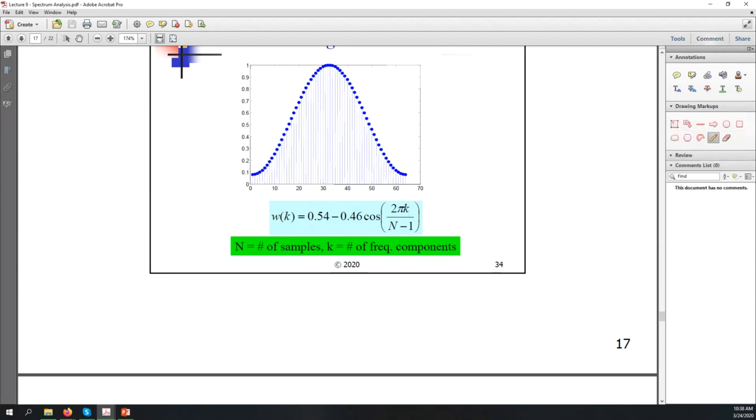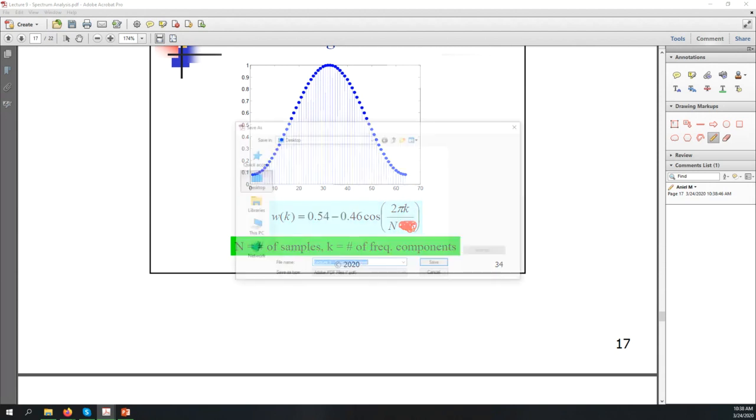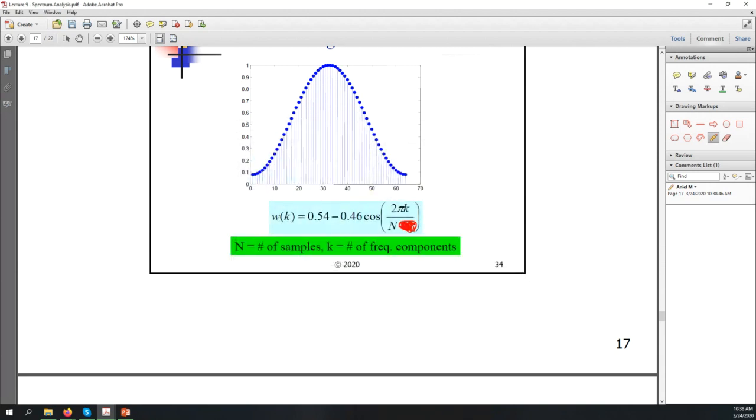Draw in markups. Here we go. So n here will be the denominator for the Hamming window.